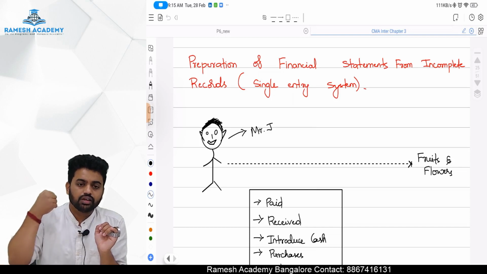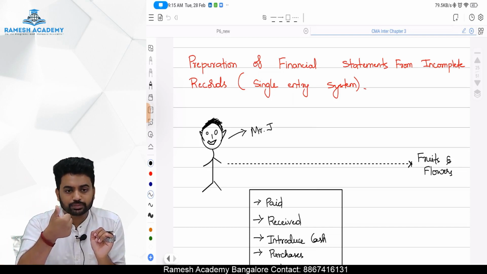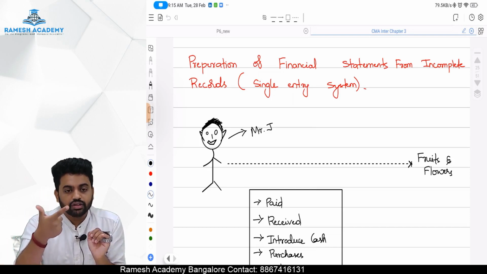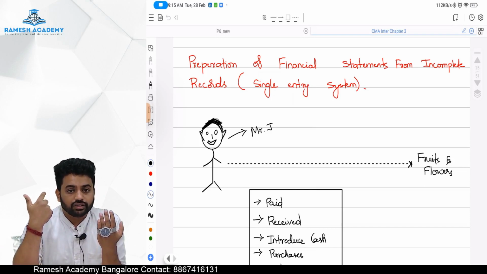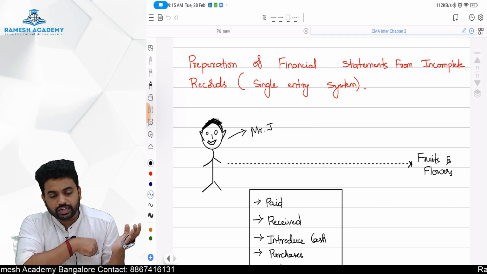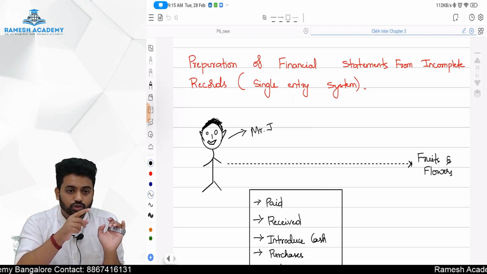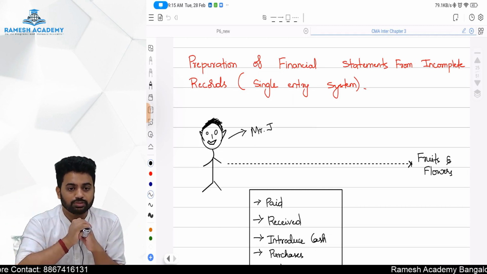For example, amount paid and for what it was paid, amount received, for what and from whom. If you put your own cash into the business, he might note, today I put 10,000 rupees cash into the business.